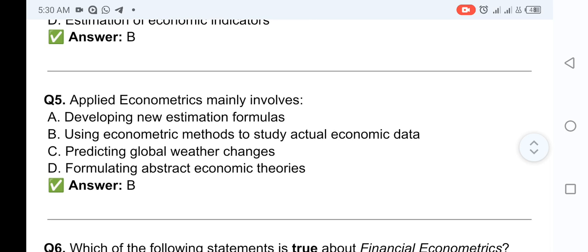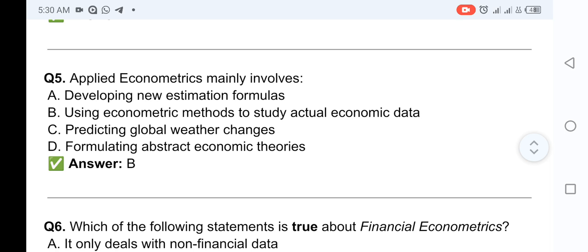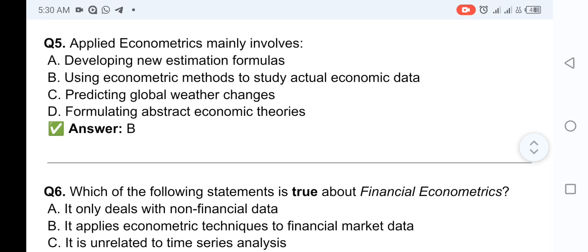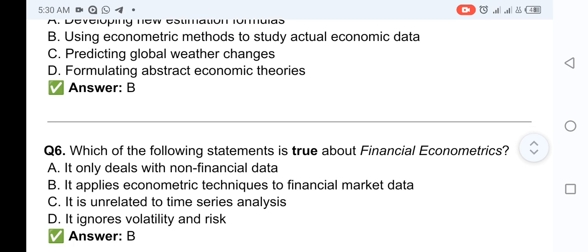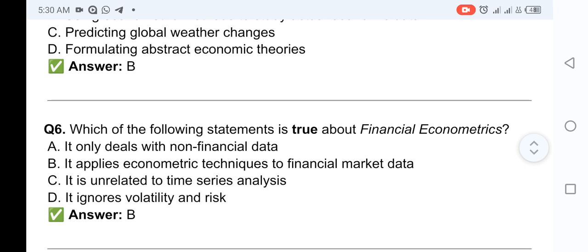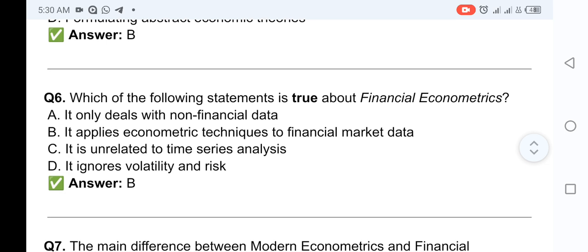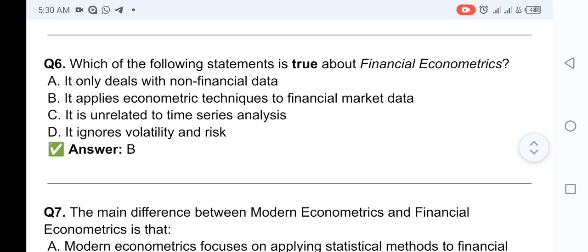Answer: B. Q6. Which of the following statements is true about financial econometrics? A. It only deals with non-financial data. B. It applies econometric techniques to financial market data. C. It is unrelated to time series analysis. D. It ignores volatility and risk. Answer: B. Q7.